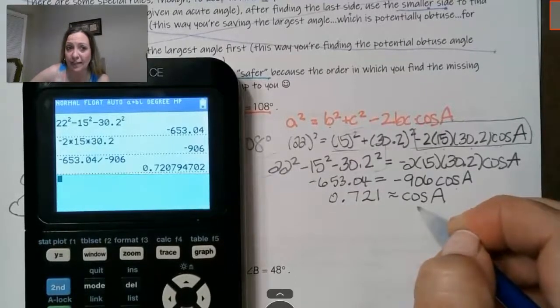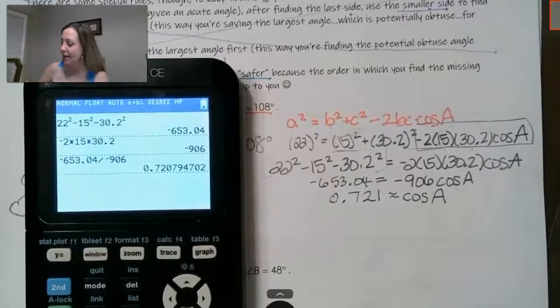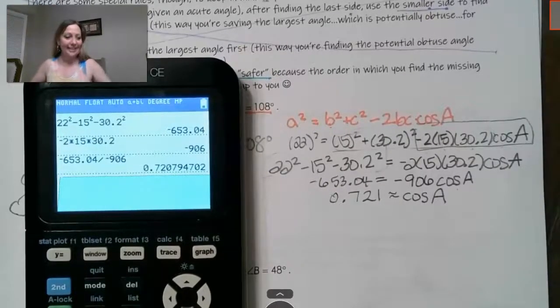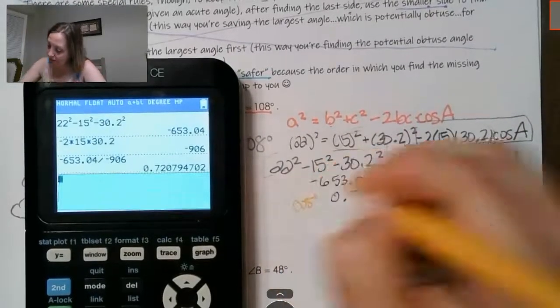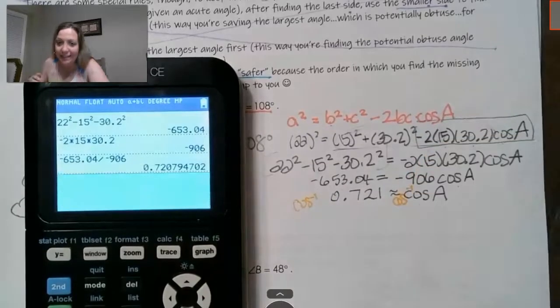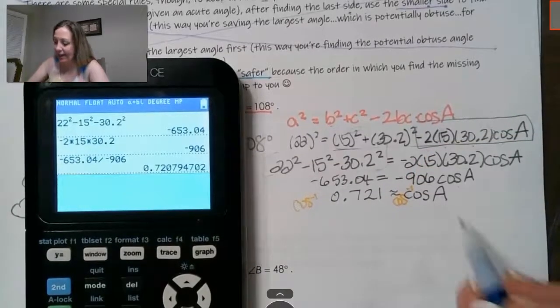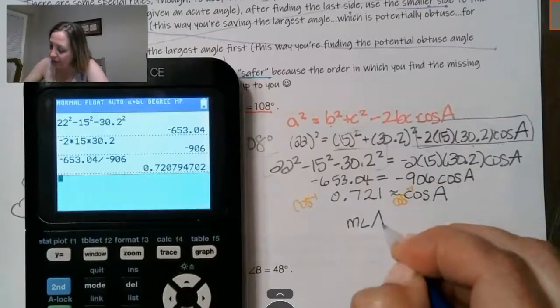And to get rid of the cosine, what does that mean I have to use? Inverse cosine. So what I want to do is really take the inverse cosine of this answer. So if I take the inverse cosine of cosine A, I get the measure of angle A.